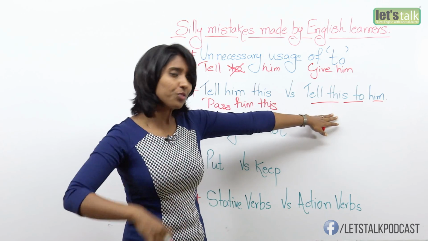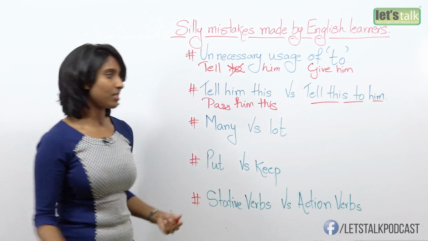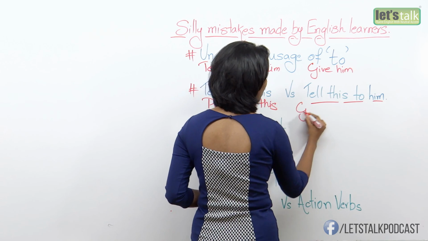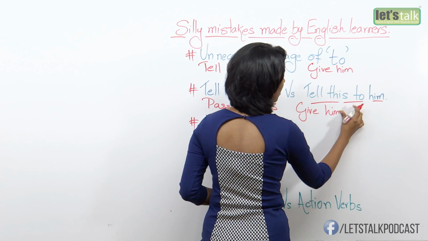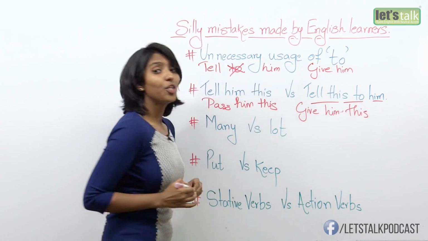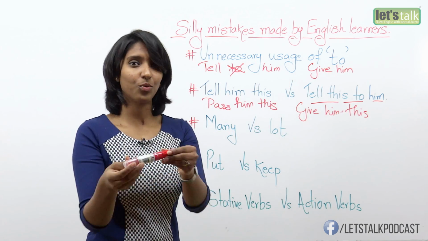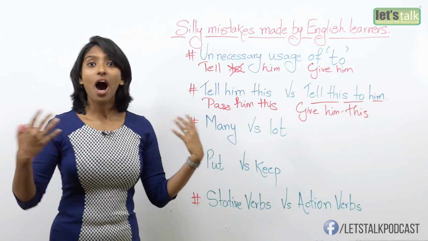Unnecessary words, avoid redundancy. So, "pass him this" or "give him this". "Can you give him this gift?" Right? "Pass him this, give him this, tell him this, ask him this."